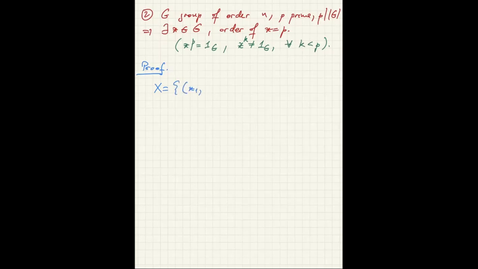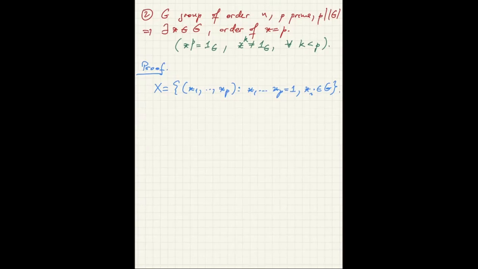It will consist of all P tuples with the property that the product X1 times ... times XP equals 1. These elements Xi come from G. Now, how does the action go? No, I was wrong.